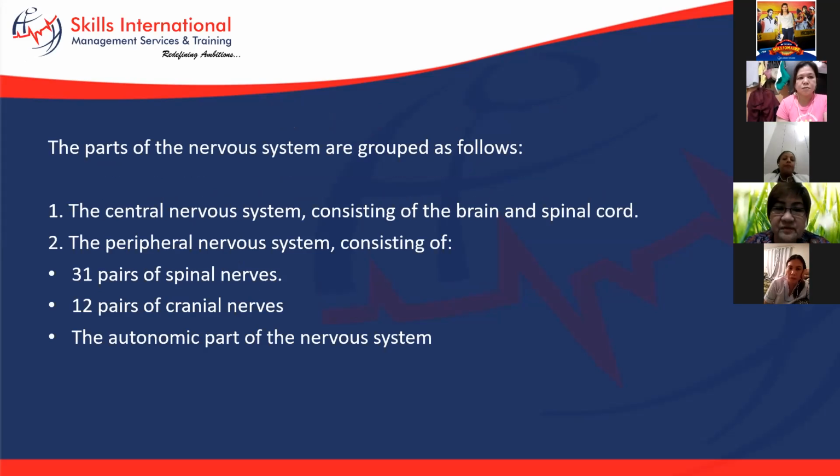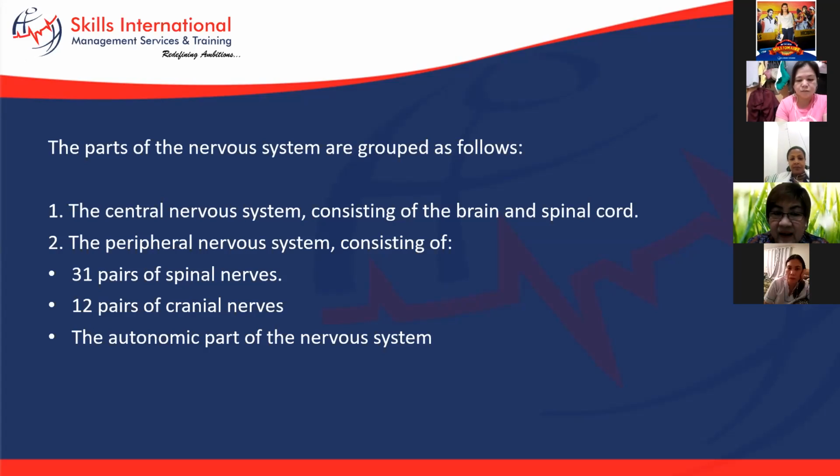The parts of the nervous system are grouped as follows. We have the central nervous system, which consists of the brain and the spinal cord. The brain and the spinal cord are our backbone, called the vertebrae. We cannot stand or sit without the brain and the spinal cord or spinal column.